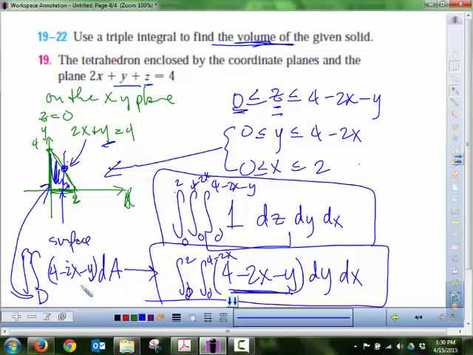Okay? All right, so one of the problems that you have in your homework is to write a specific integral 6 different ways. 6, right? It's dx dy dz, dx dz dy, dy dx dz, dy dz dx, dz dx dy, and dz dy dx.